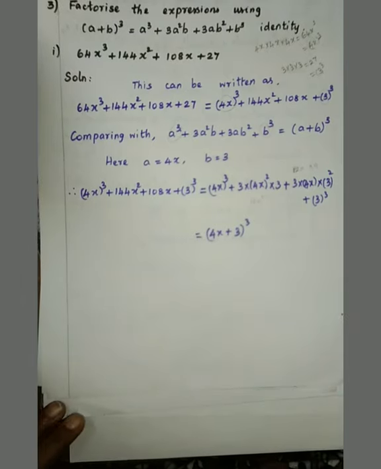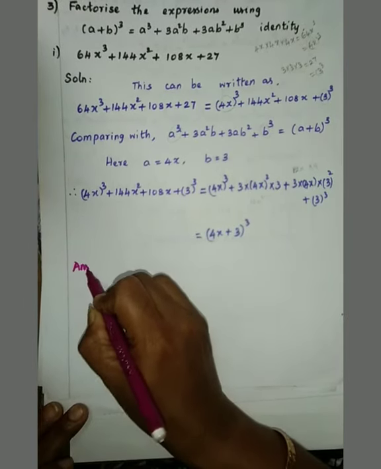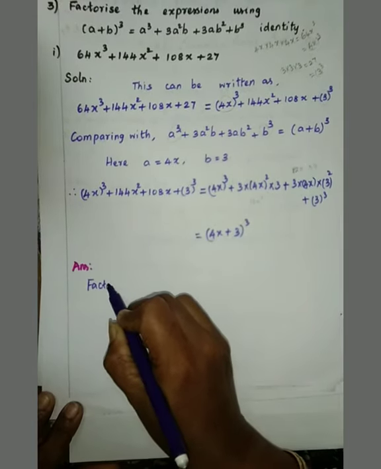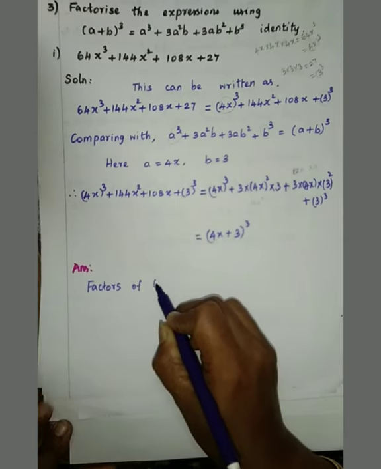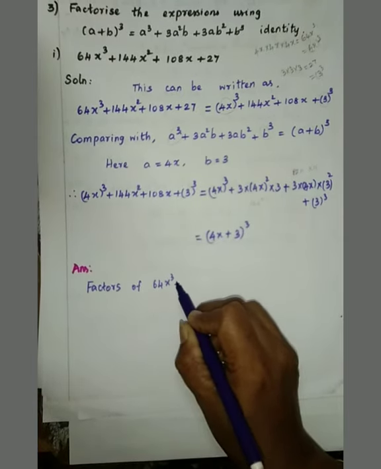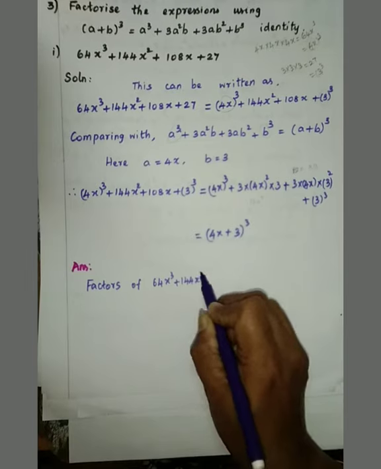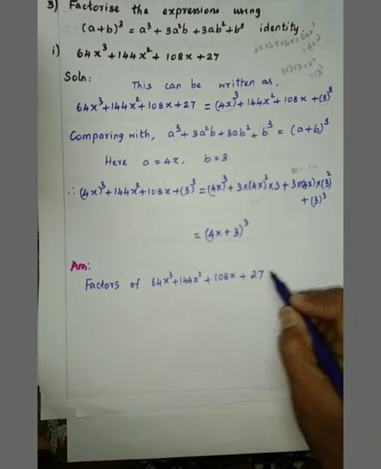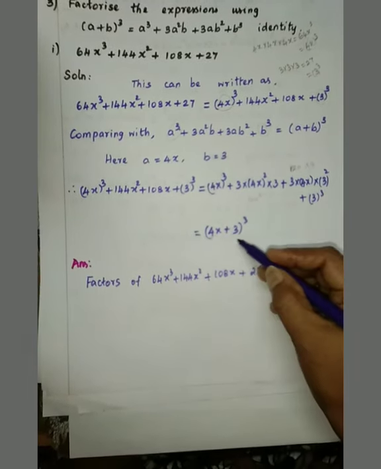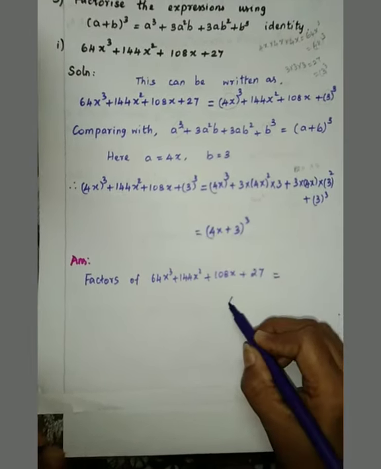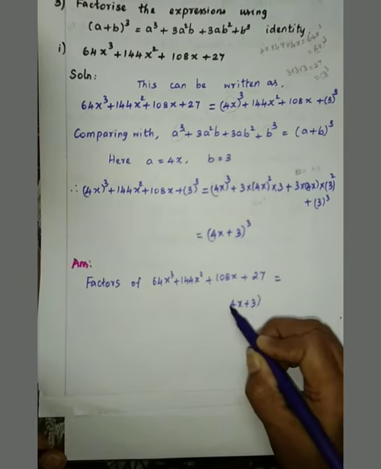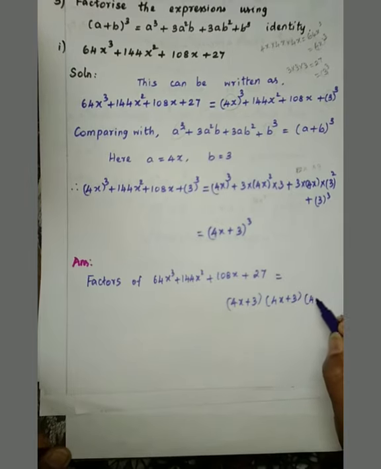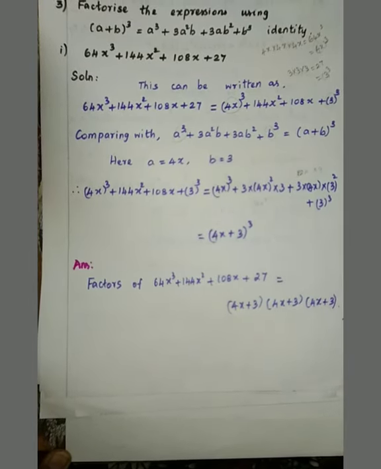Therefore the answer: factors of 64x cube plus 144x square plus 108x plus 27 equal to (4x + 3) the whole power 3. This can be written as (4x + 3) 3 times. So (4x + 3) into (4x + 3) into (4x + 3).